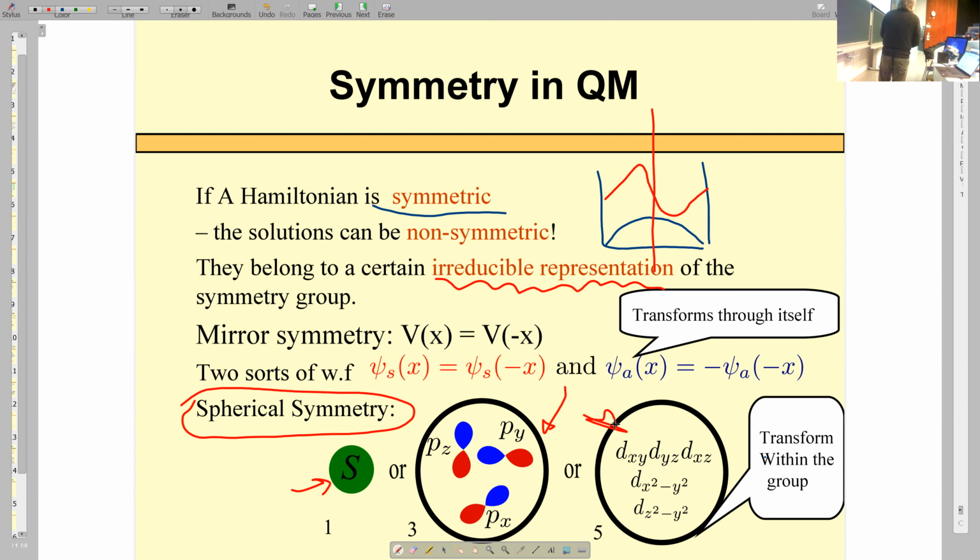So that's how symmetry manifests itself in quantum mechanics in general. Group irreducible representations, and whatever crazy wave functions you have, they obey the corresponding irreducible representation. All right?